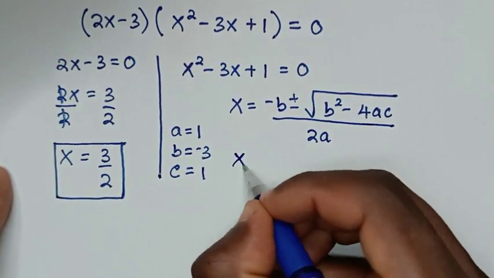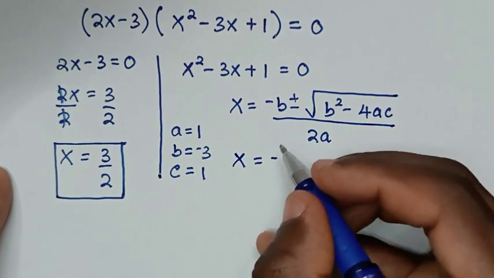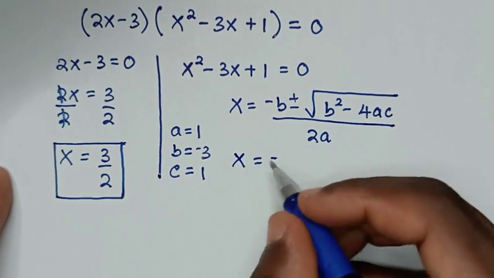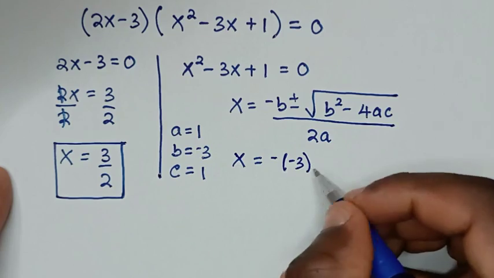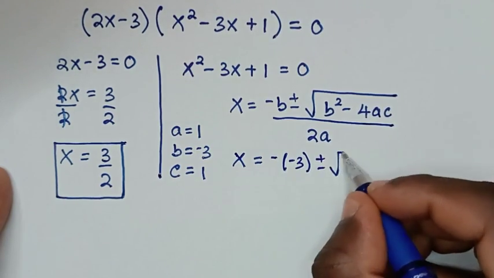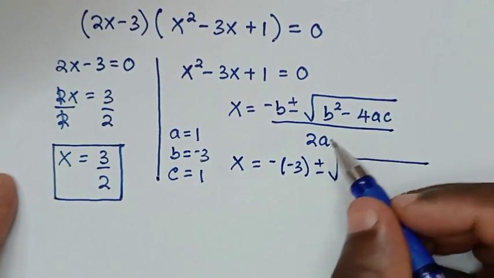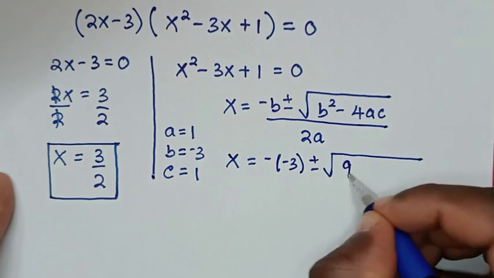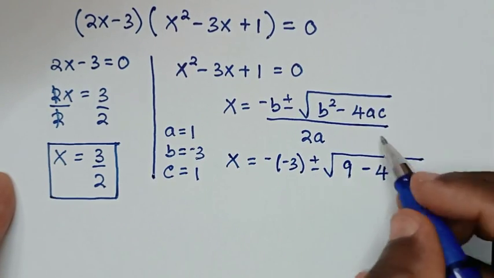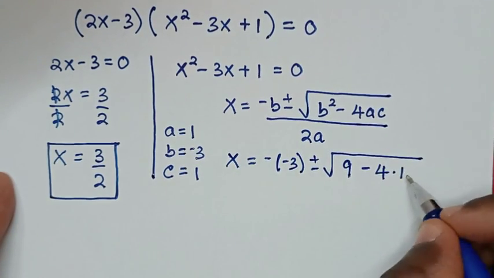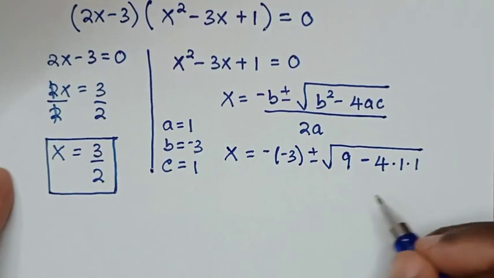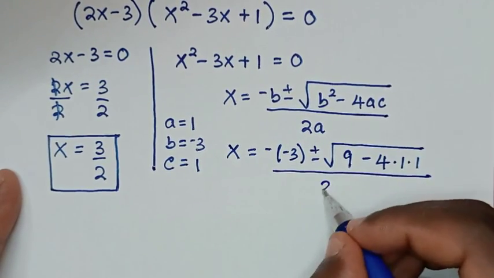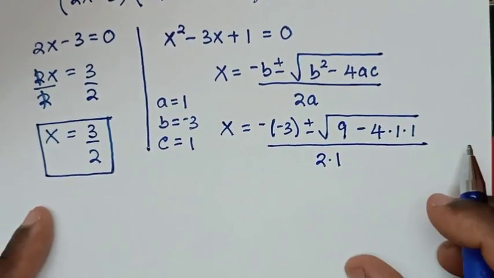Then it will be x is equal to negative b, it is negative 3, so it will be negative (negative 3) plus or minus square root of b square, negative 3 square, which is 9, then minus 4 times a, it is 1, times c is 1, then over 2 times a, which is 1.